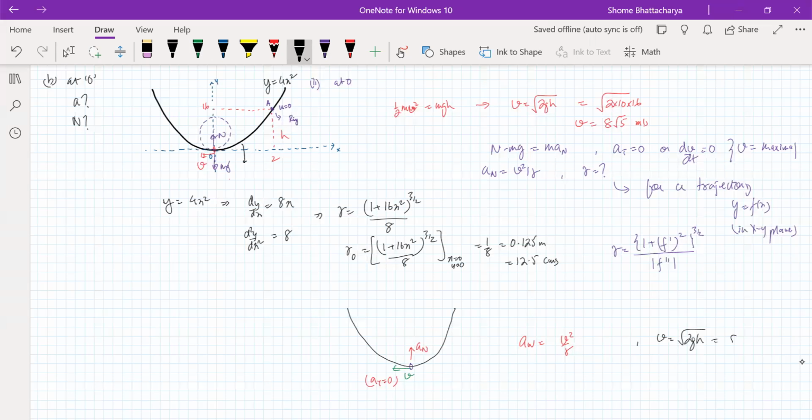H was the height it started from. And R we have found out as the value of instantaneous radius of curvature at the origin, which is 0.125 meters. So the normal acceleration is becoming 320, 64 into 5 divided by 0.125.